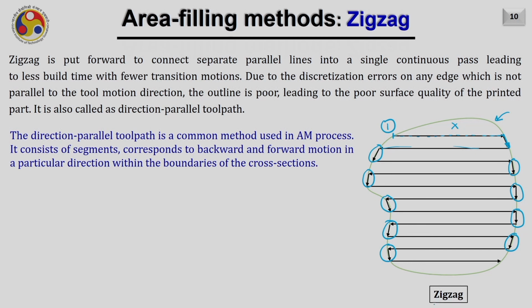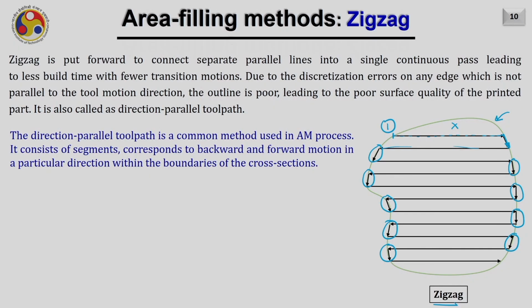This particular strategy, the zigzag, is also called the direction parallel strategy. The direction parallel strategy is the most commonly used tool path in additive manufacturing machines. However, it is used along with a combination of contour parallel tool path, and hence the entire tool path is called a hybrid tool path. That we will see after some time.